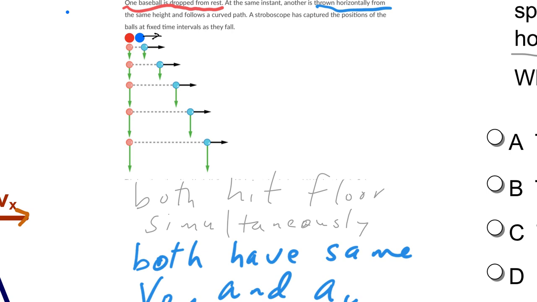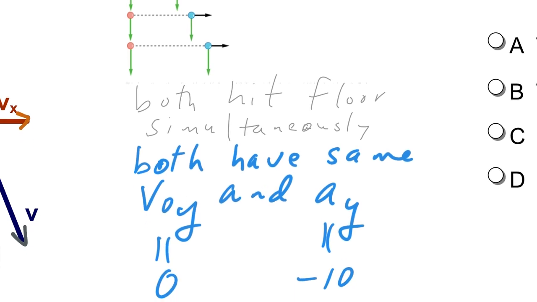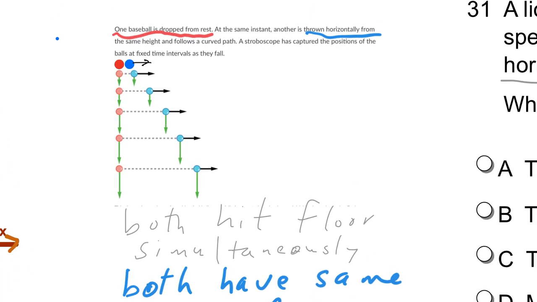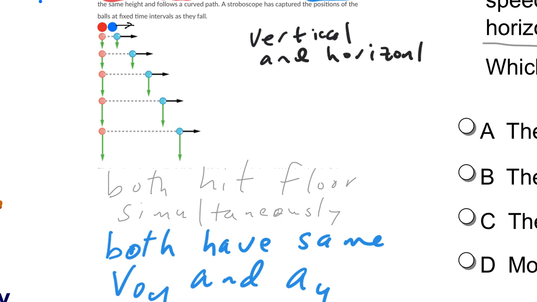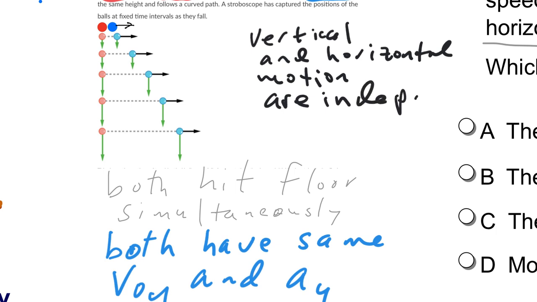And the red ball has no horizontal velocity. Okay, what I'm trying to say also is that the vertical and the horizontal motion of a projectile are independent of each other.